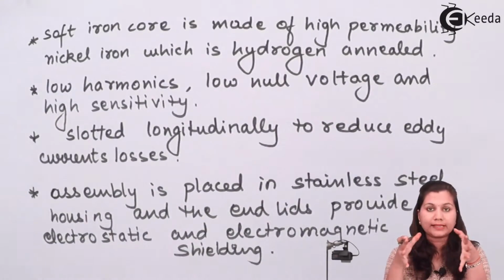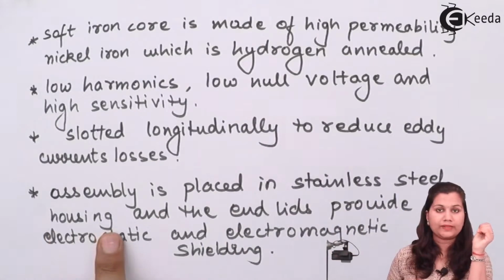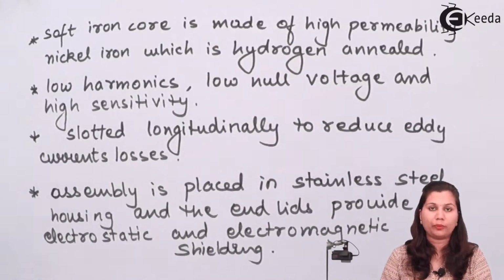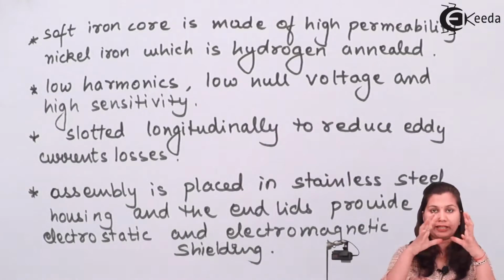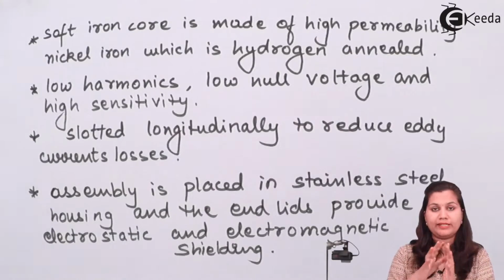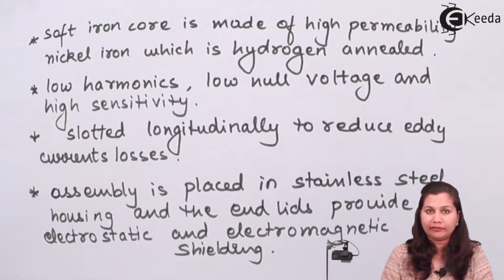And the end lids are going to provide the electrostatic and electromagnetic shielding, so that if any stray magnetic and electric fields are present, they cannot disturb the working of the LVDT.